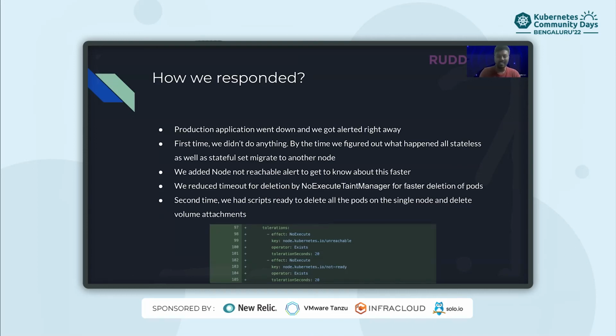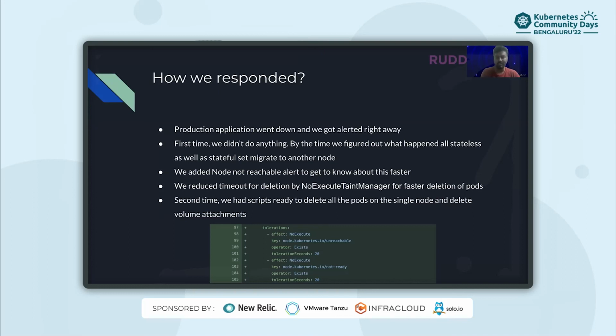But after this happened a couple of times, we did a lot of research, and we added alerts for when a node goes into not ready state or unreachable state. So we realized much sooner what exactly is happening. And as I was saying, there is a concept of toleration. So we changed the tolerations of critical pods that need to be running all the time to 20 seconds.